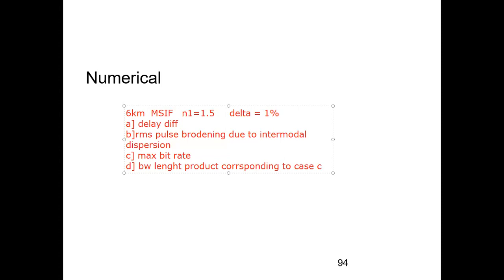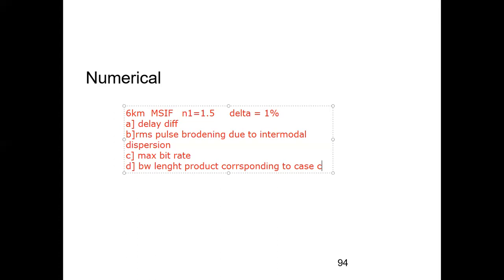It is important to write the sentence, otherwise there will be confusion. See, estimate the delay difference between the slowest and the fastest mode at the fiber output. Second, the RMS pulse broadening due to intermodal dispersion on the link. Third, the maximum bit rate that may be obtained without substantial error on the link.